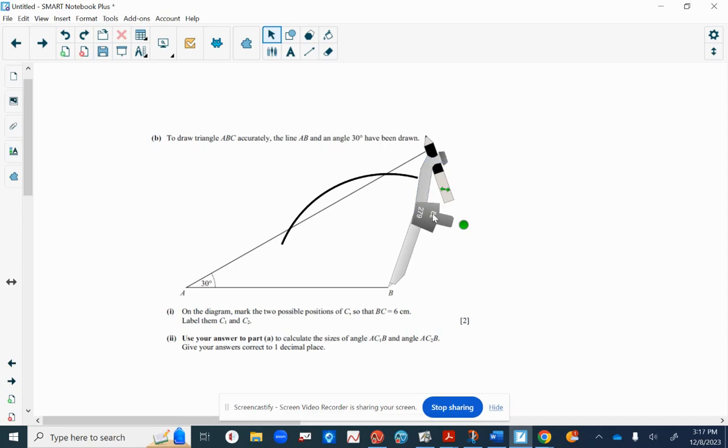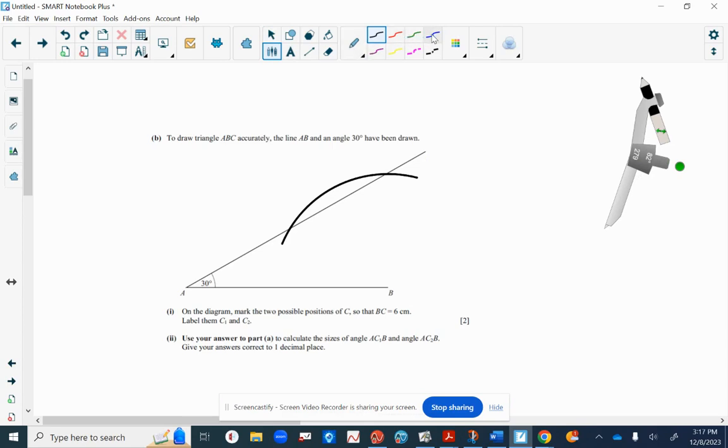Ooh, wow, it's like gymnastics. Okay, so those are the 2 points I need. So you get two solutions. This is called the ambiguous case for the sine rule, where you get two possibilities. There's one triangle there, another one here, but they both have a 6 centimeter line.